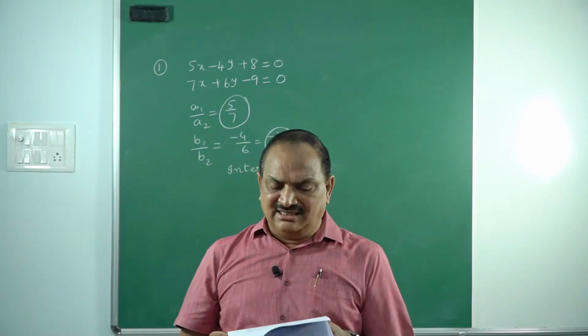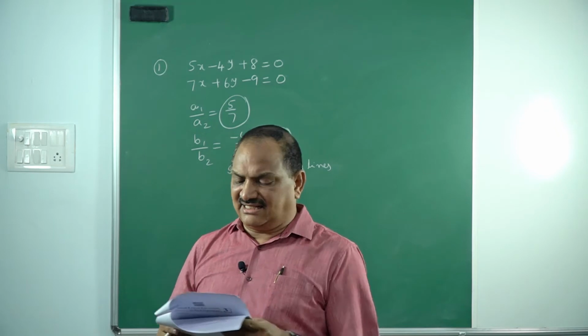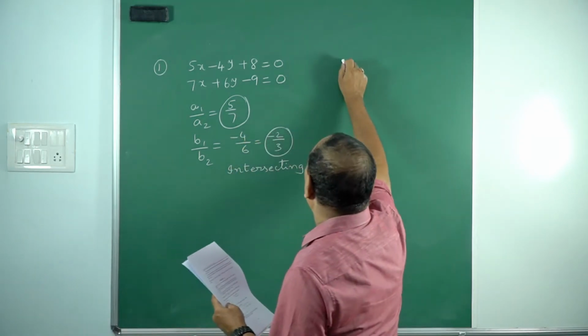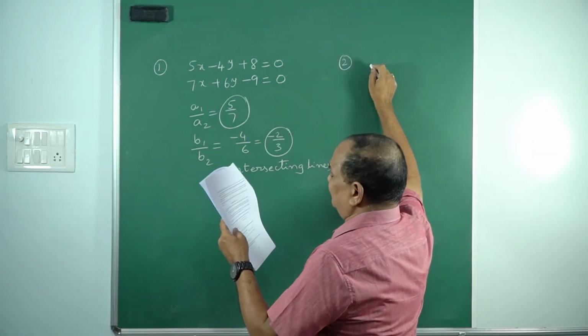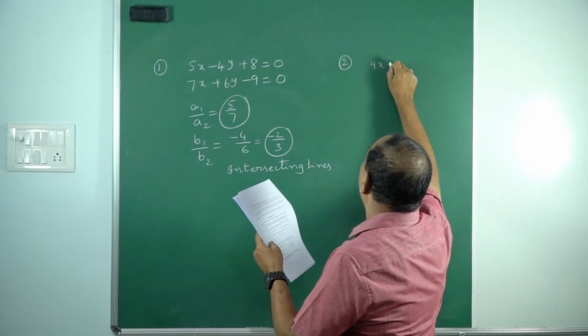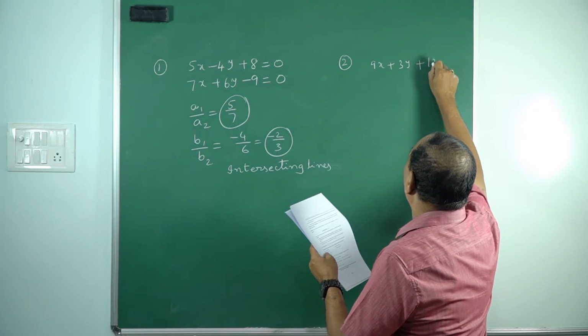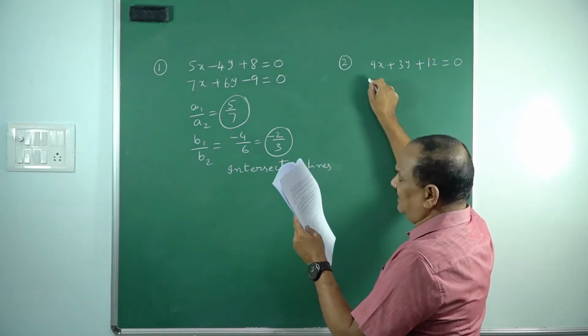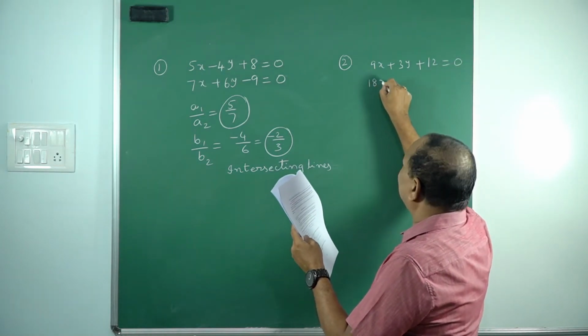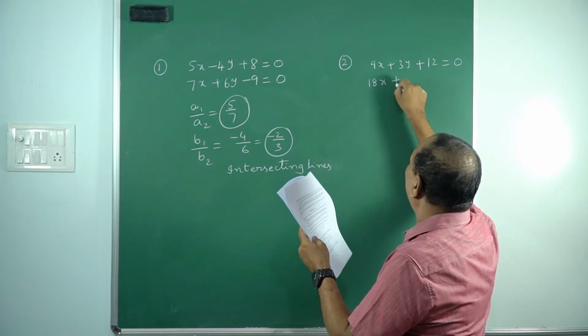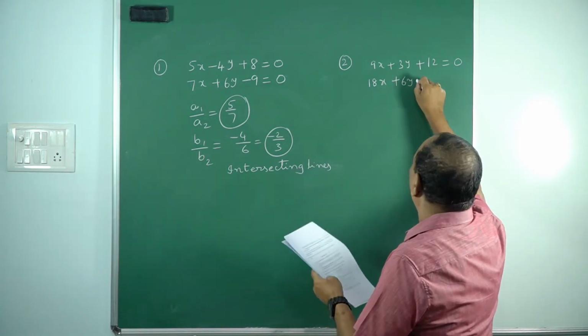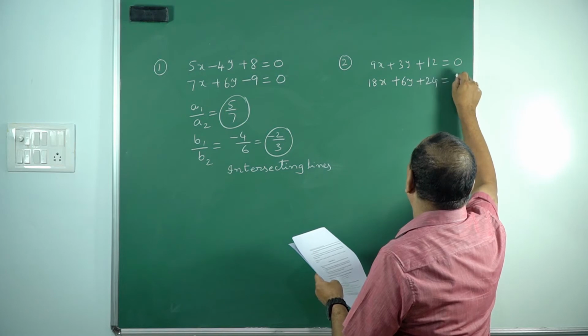Okay, and I take a case here. My second problem is slightly different: 9x plus 3y plus 12 equals 0, and the next one, 18x plus 6y plus 24 equals 0.